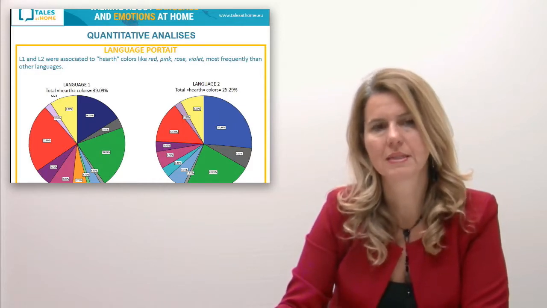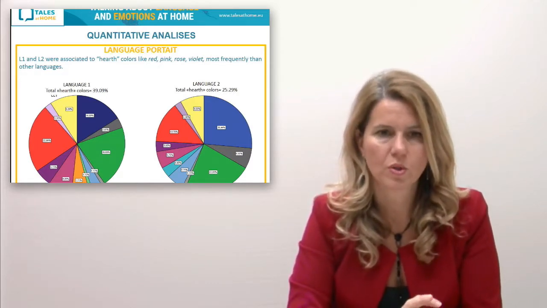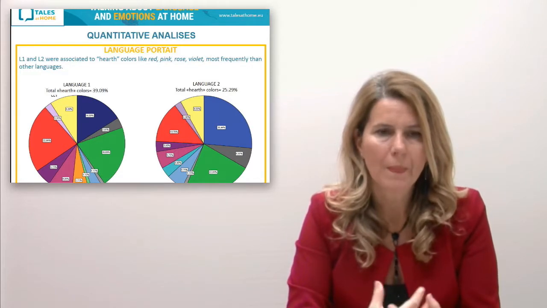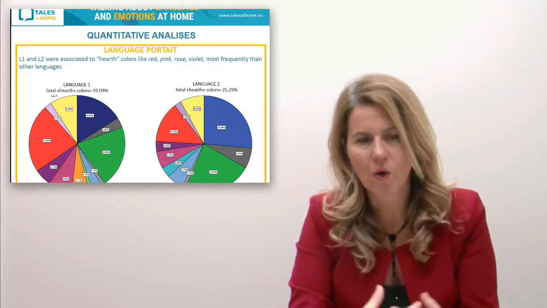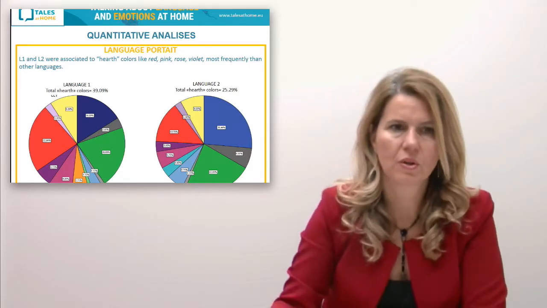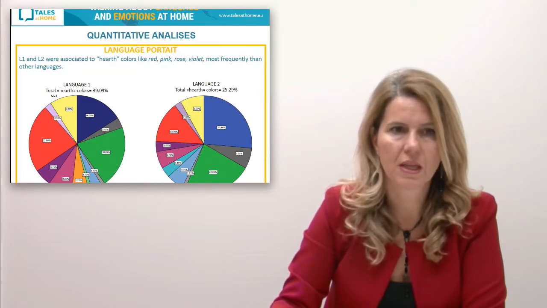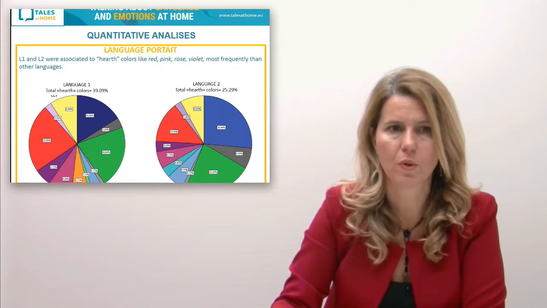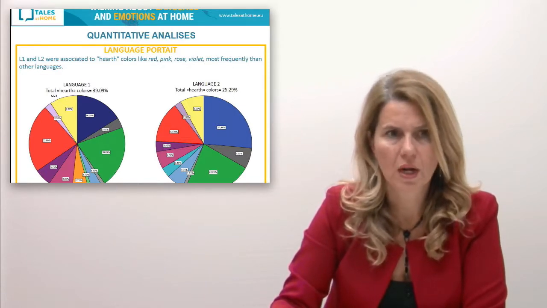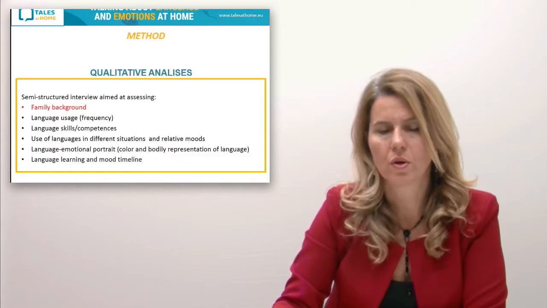So there are colors that quite universally are considered as the colors of more intense passion, like love, pleasantness, attachment, and so on. In this graph, a big portion of people choose these colors for language 1, and again, a big part of people choose these colors for language 2.